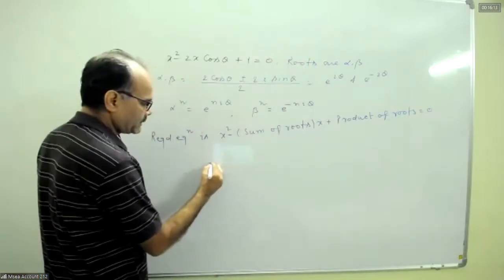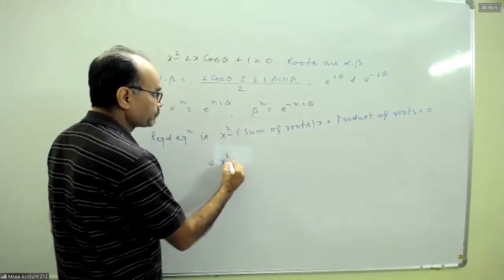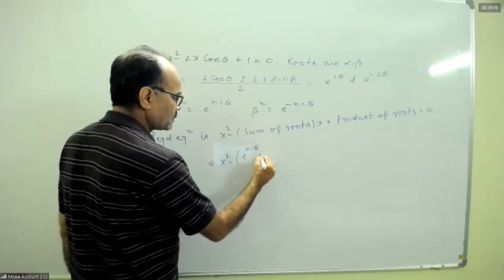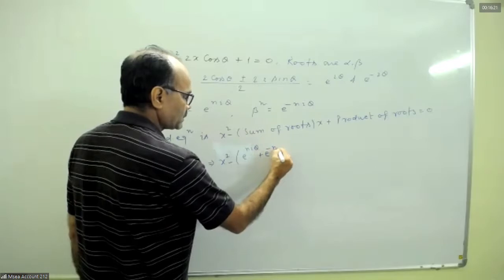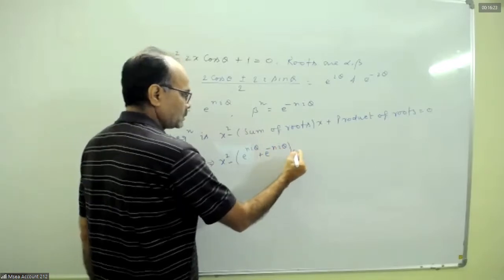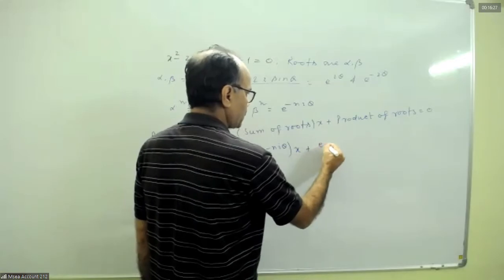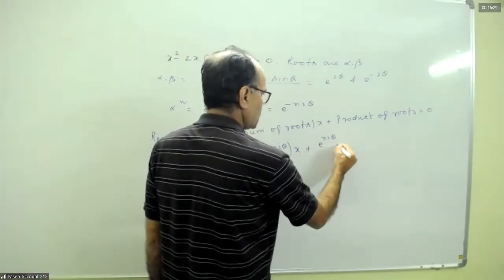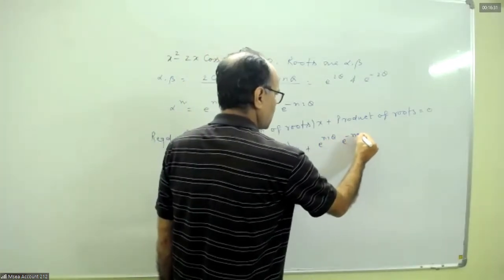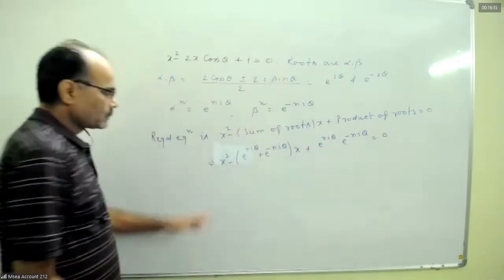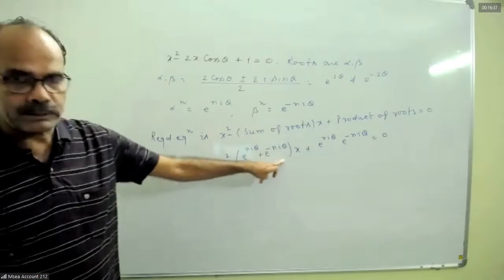This equals x square minus, e to the power n i theta plus e to the power minus n i theta, into x plus e to the power n i theta into e to the power minus n i theta equals 0. This is 2 cos n theta.